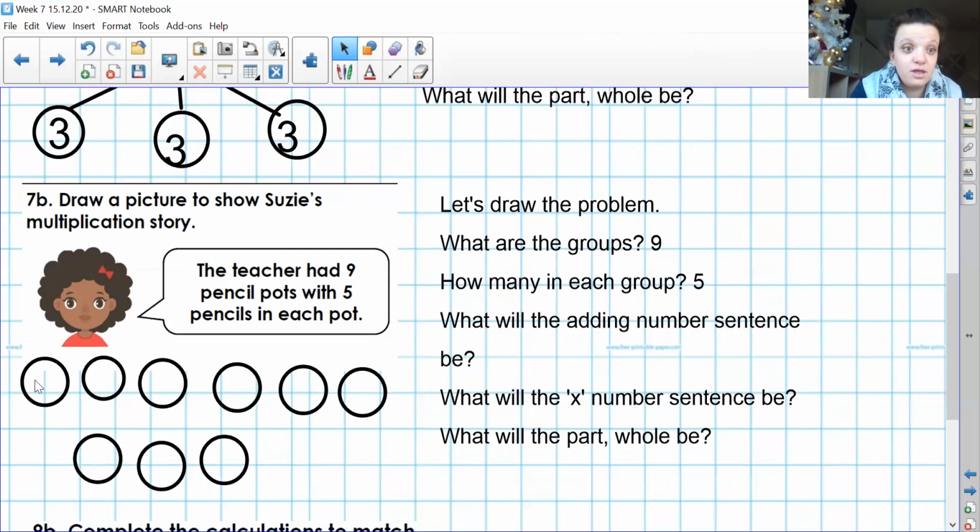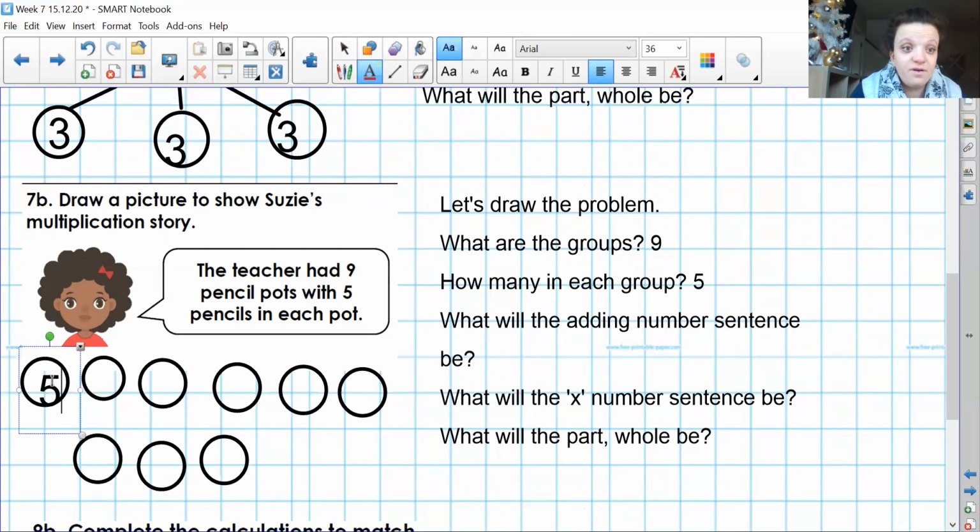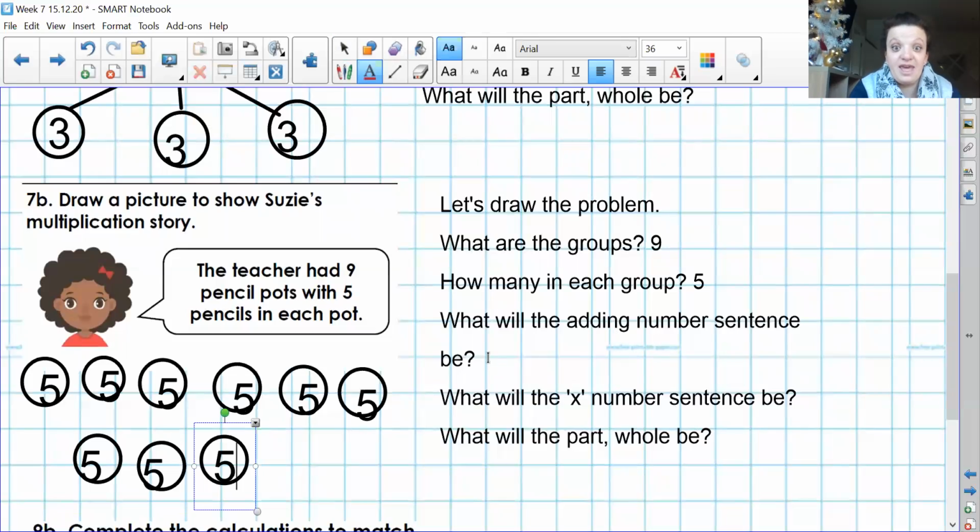So we've got 5, 5, 5, 5, 5, 5. So my add-in number sentence is going to be adding all these 5s together.